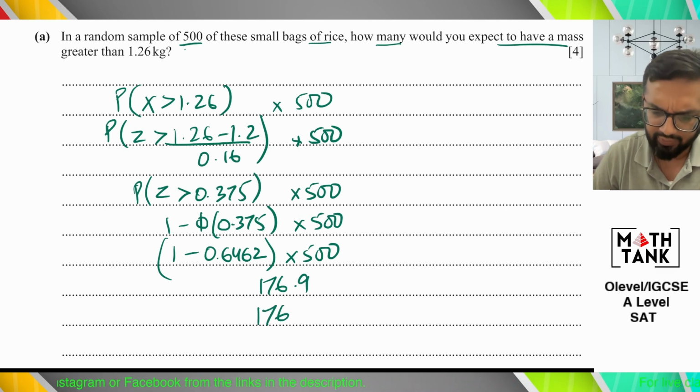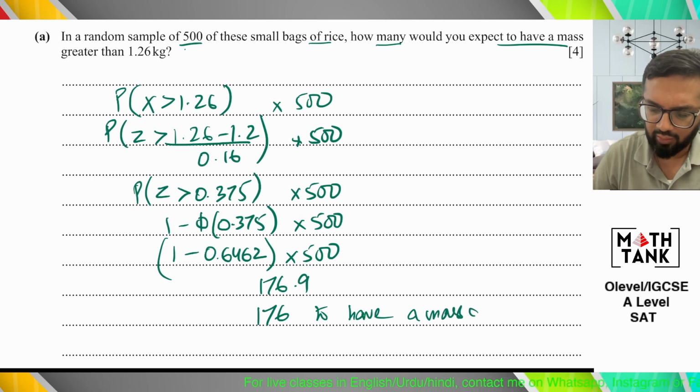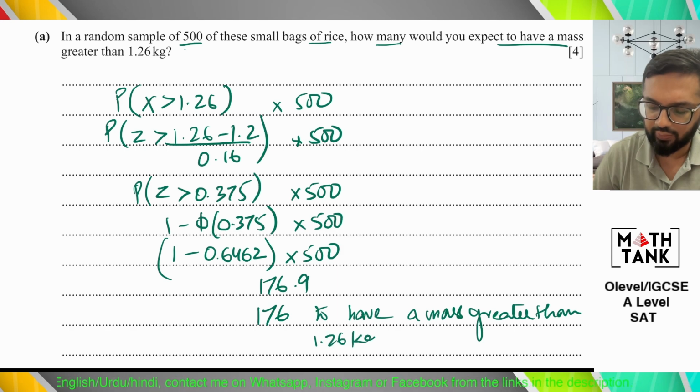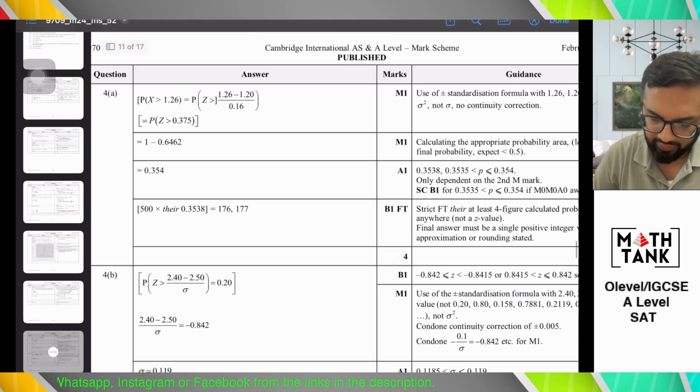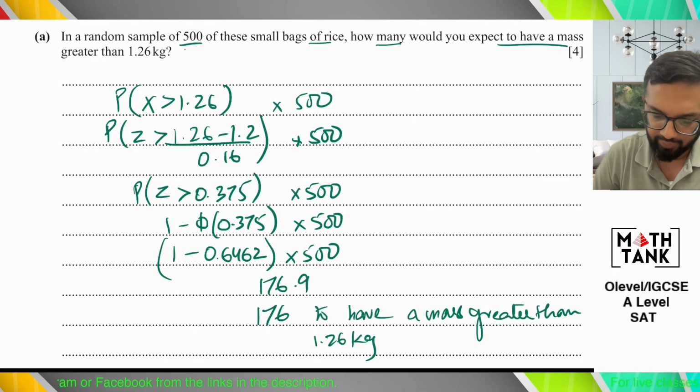I'd expect 176 to have a mass greater than 1 point. I don't know if it's rounded up or rounded down. 176, 177 is both acceptable.